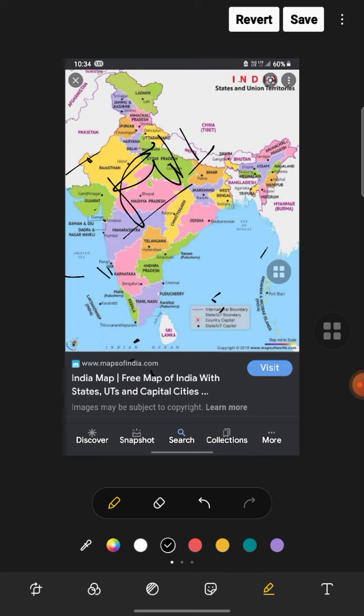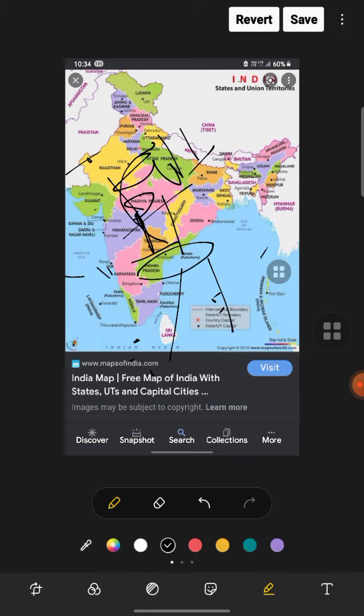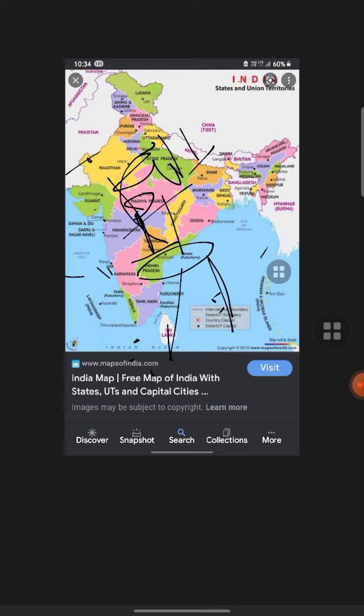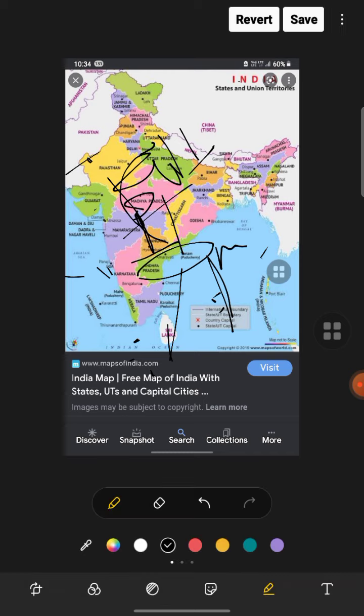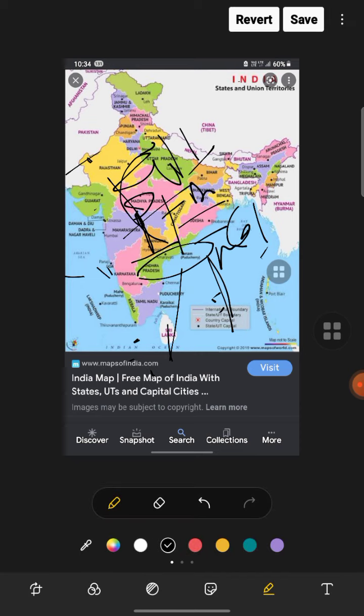So the Lauriya Nandangarh and Sarnath pillar, near Varanasi. So this structure was made up of the pillar. We can see Chunar sandstone, and the shaft, a single piece of stone monolith, and there was a capital, and there was an animal figure.